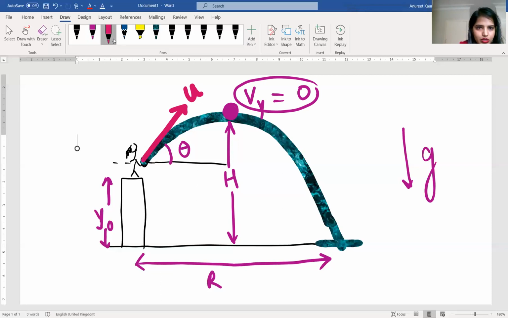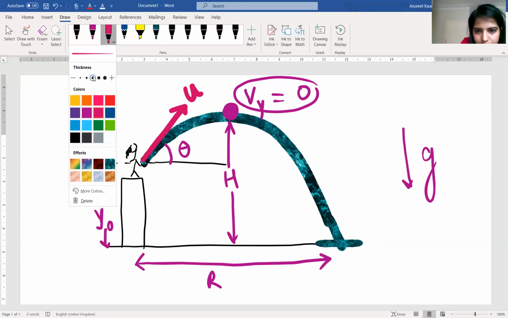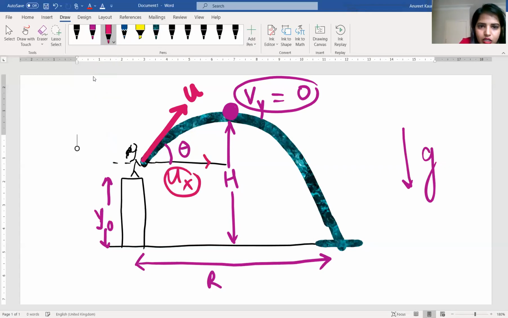Now, this is the horizontal component ux, and the vertical component is uy. I hope you understood the different variables associated with this angular projectile motion, right? So now let's move to the next part.